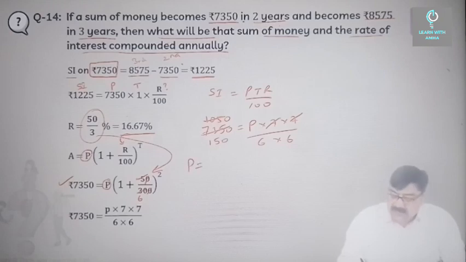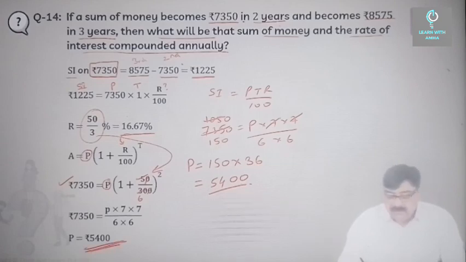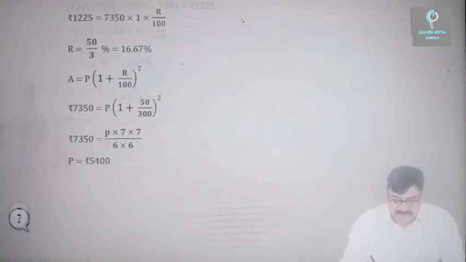So what you have is P is equal to 150 into 36. So 36 into 5 is 180, 18 left. 36 into 1 is 36 plus 18, so you get 5400 here. That is the principal sum, which amounts to 7350 in 2 years and 8575 in 3 years.